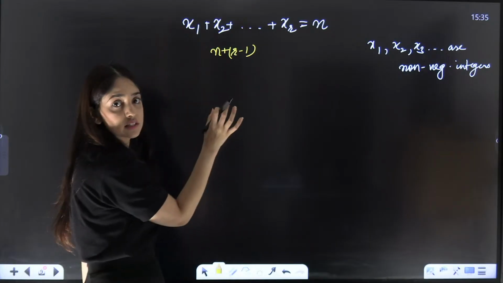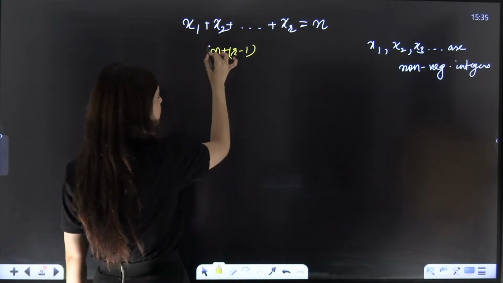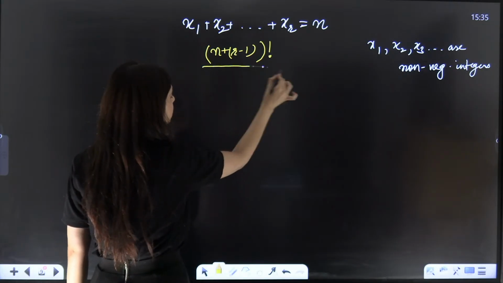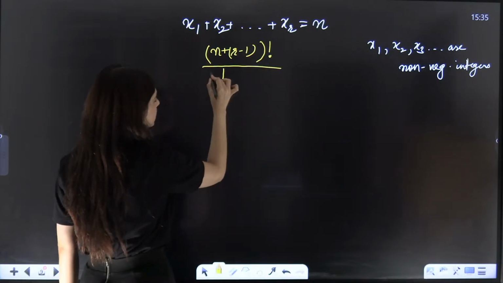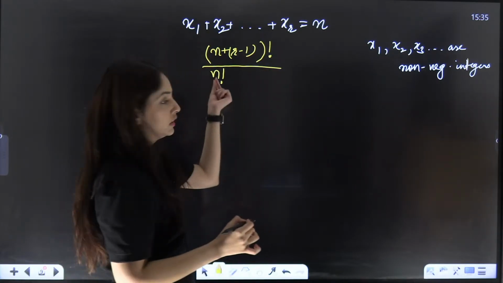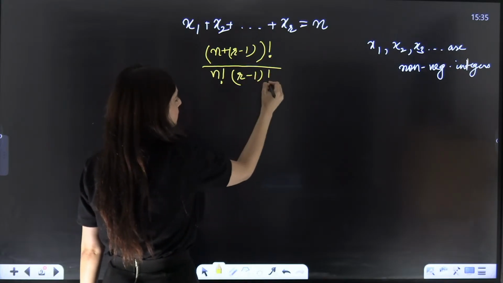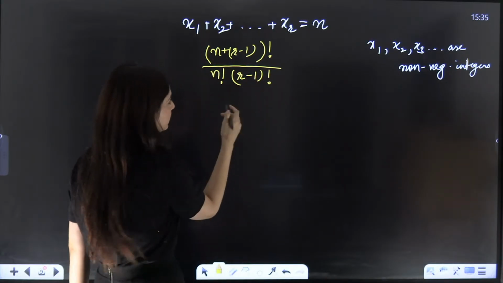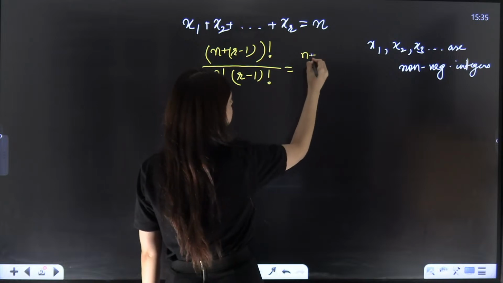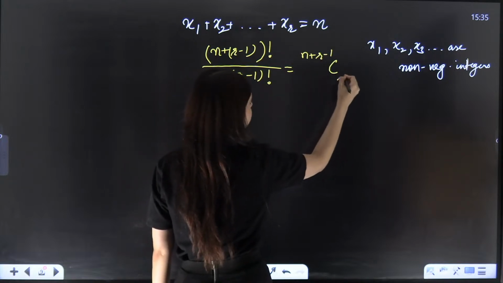And we arrange these, divided by the n objects and r minus 1 partitions. So this is nothing but n plus r minus 1 C r minus 1.